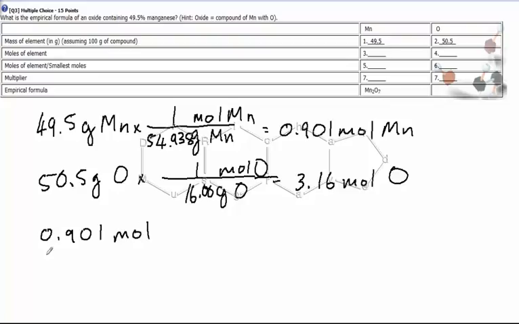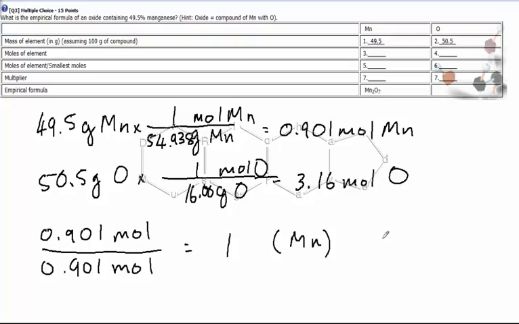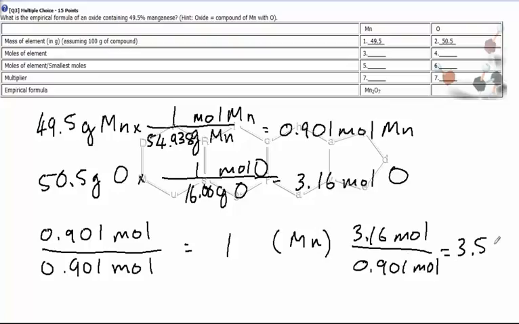So it'll be 0.901 moles divided by 0.901 moles, and that will be 1, and this is for manganese. And then we'll do the same thing for oxygen. We'll do 3.16 moles divided by 0.901 moles, and we will get 3.50, and that's for oxygen.